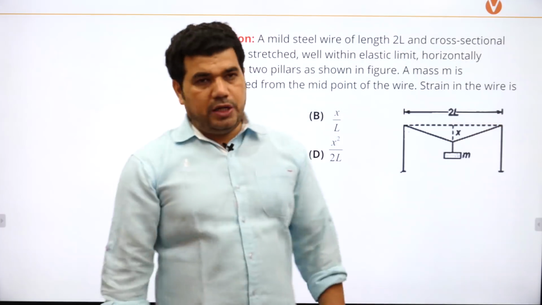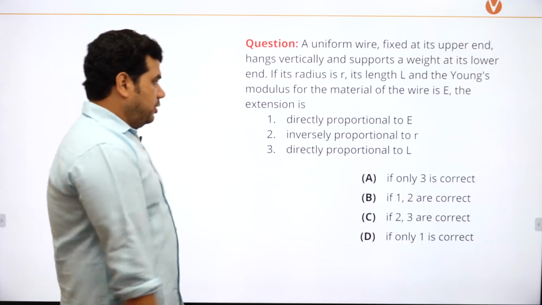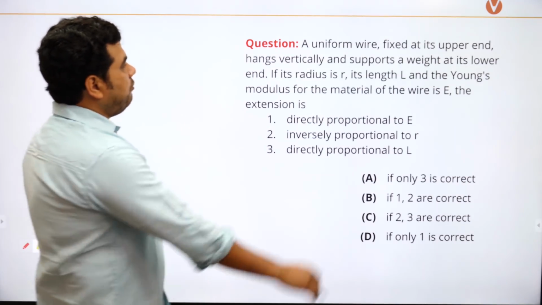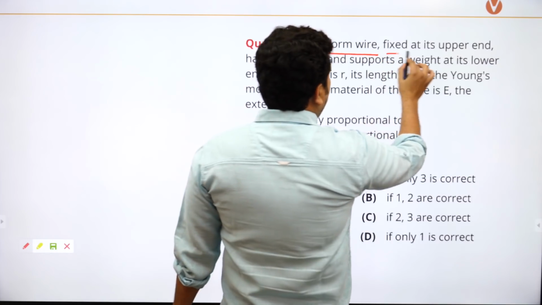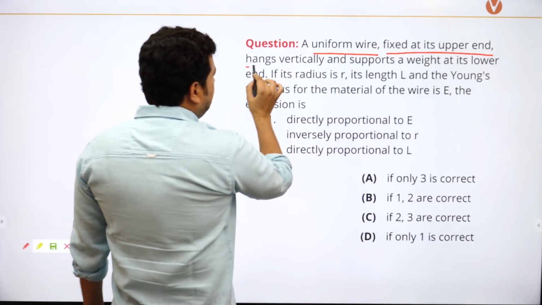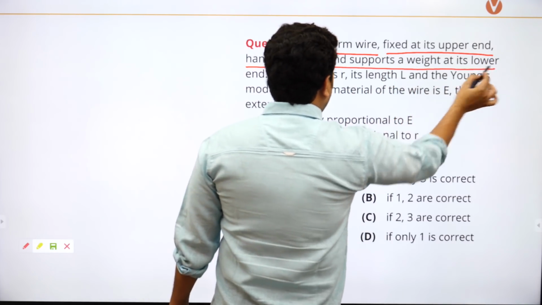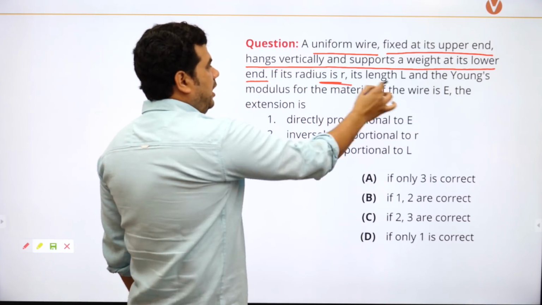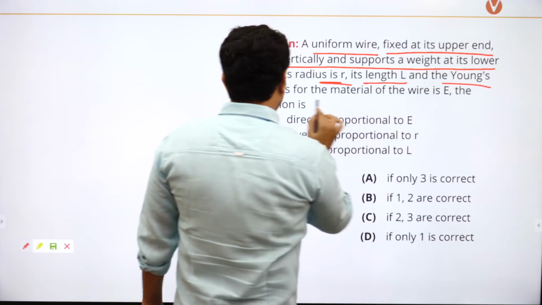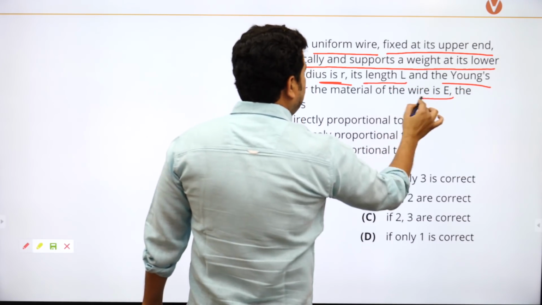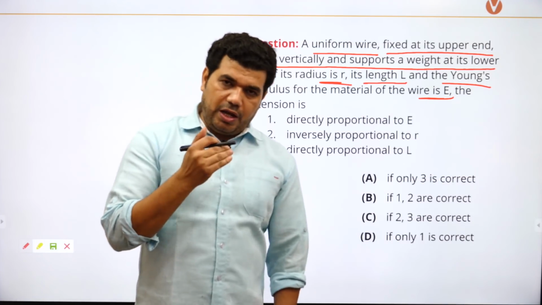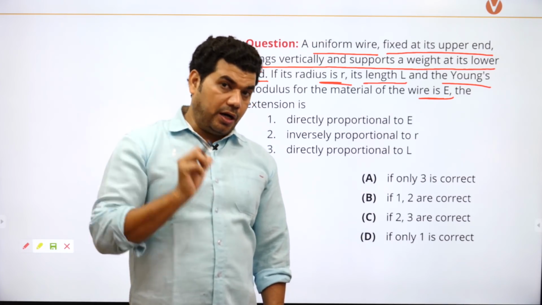This is also one easy question. Another, you have also a very easy question. Uniform wire fixed at its upper end, hangs vertically and supports a weight at its lower end. Its radius is r, length is l. Young's modulus for the material of the wire is E. The extension is. So we have done it earlier.